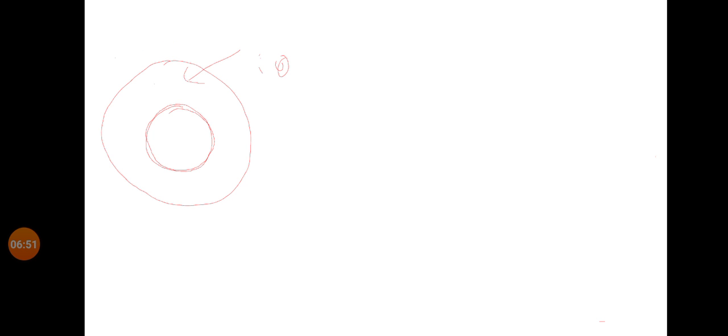When sunlight reaches the earth, consider this is the sun ray coming from the sun and it is traveling towards the earth. So when this cosmic ray enters the earth sphere, what happens is, here already some density will be there.